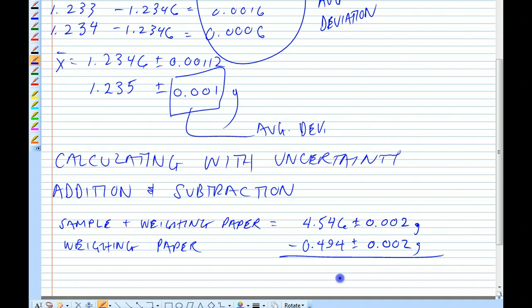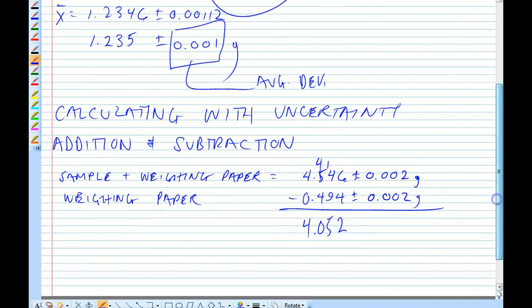I subtract these two numbers and get 4.052 plus or minus 0.004. Now notice, even though I'm subtracting the numbers, I add their uncertainties. The same is true in addition. Just simply add the uncertainties. Very simple. Now, it's actually overly simple, because why is that really not realistic to do?